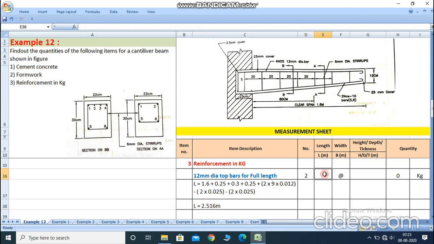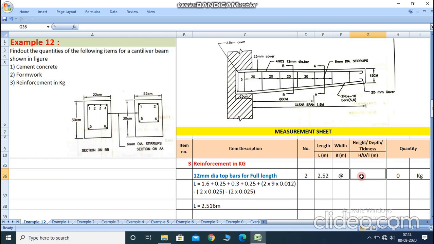Now the weight per meter length of the 12 mm diameter bar is already given in the example.